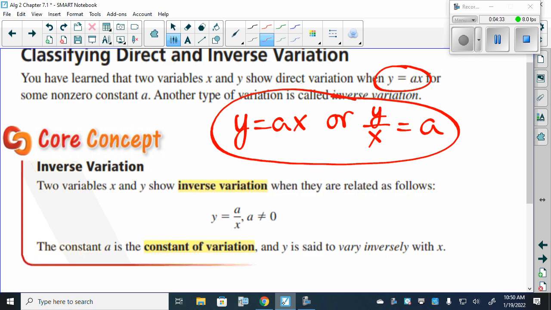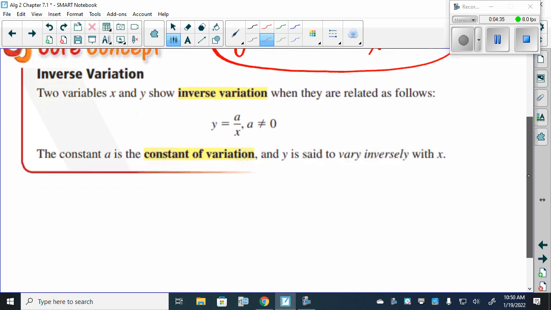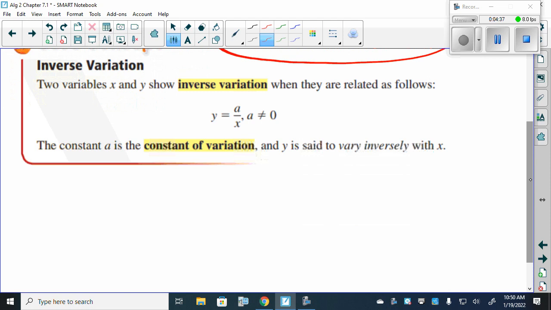So really with direct variation, as one increases, the other increases, or as one decreases, the other decreases. Now, inverse variation, what do we think is going to happen with inverse variation? As one increases, the other is going to decrease. And as one decreases, the other is going to increase. They're going to go in opposite directions.